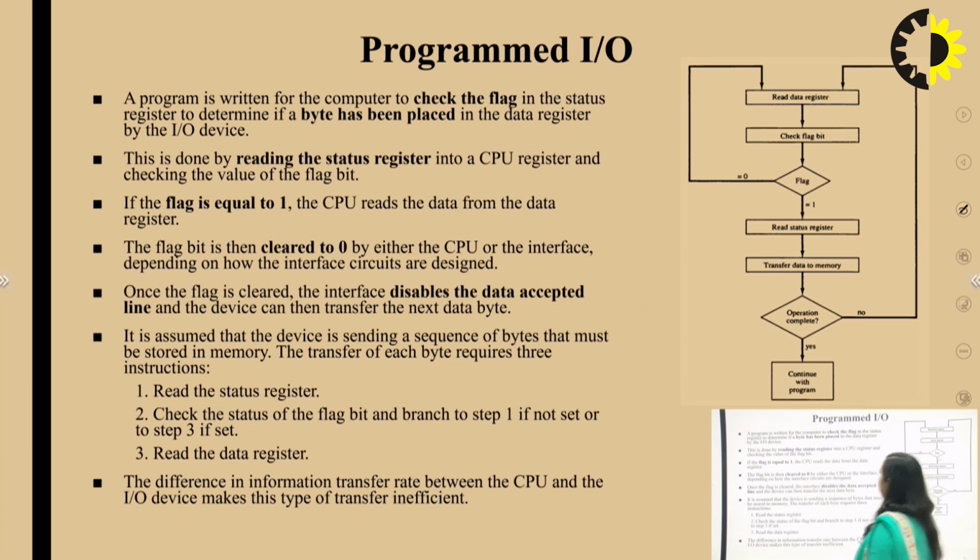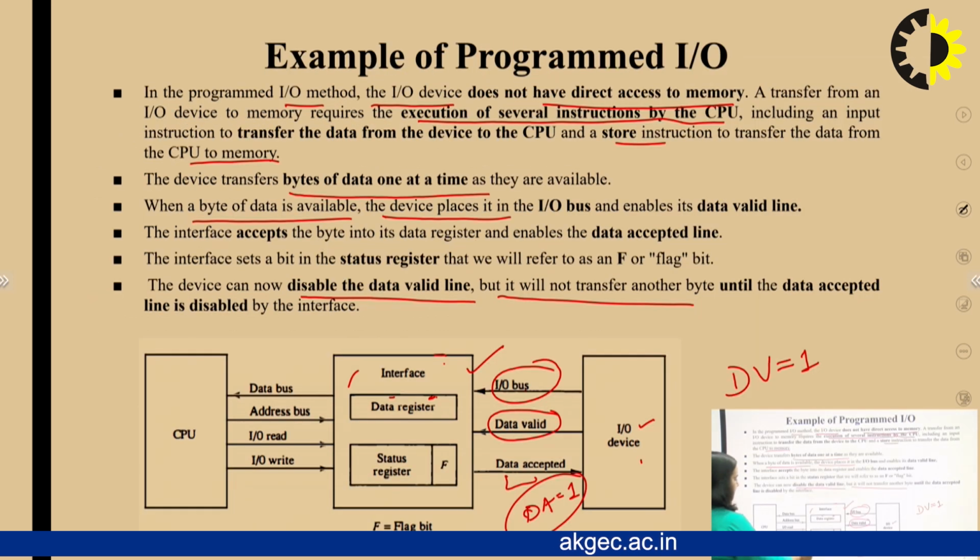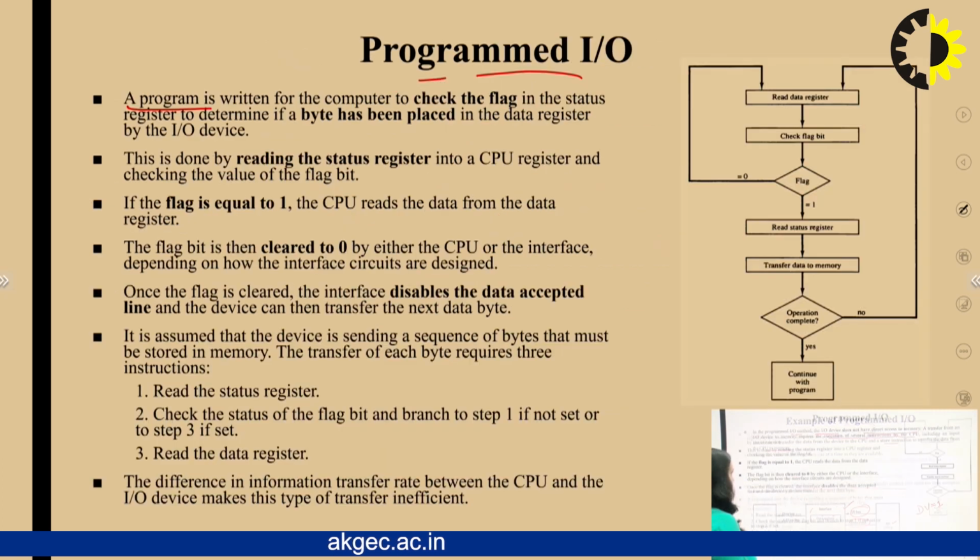So a program is written for the computer to check the flag in the status register. That's why it is known as programmed input output, because there is a program written to check the flag in the status register. This is a flag and it has to be checked again and again.